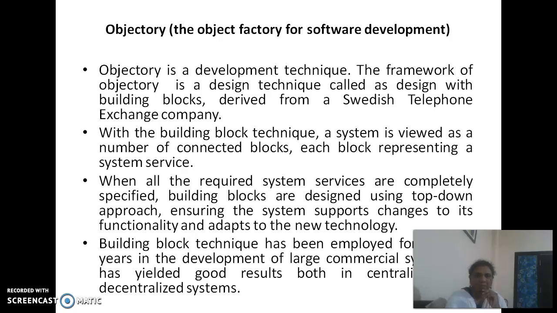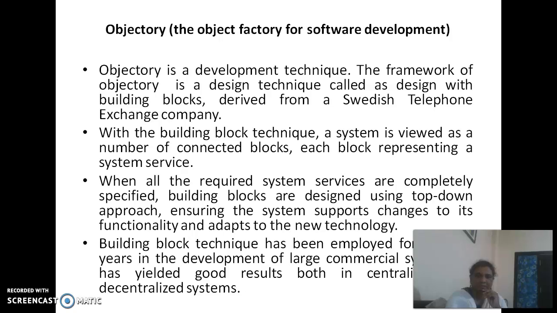With the building block technique, a system is viewed as a number of connected blocks, each block representing a system service. When all the required system services are completely specified, building blocks are designed using a top-down approach, ensuring the system supports changes to its functionality and adapts to new technology.